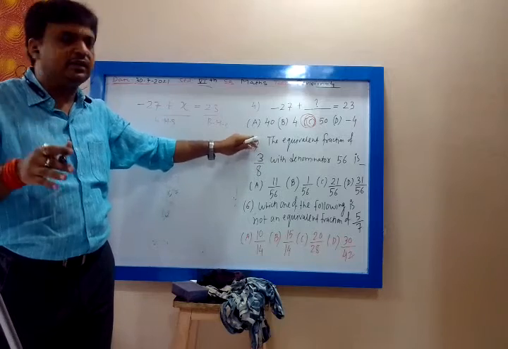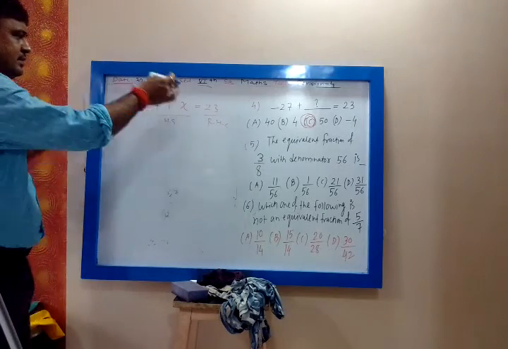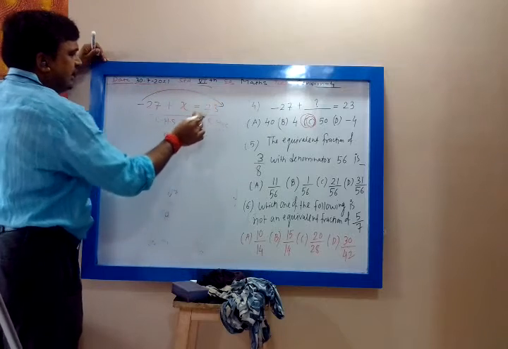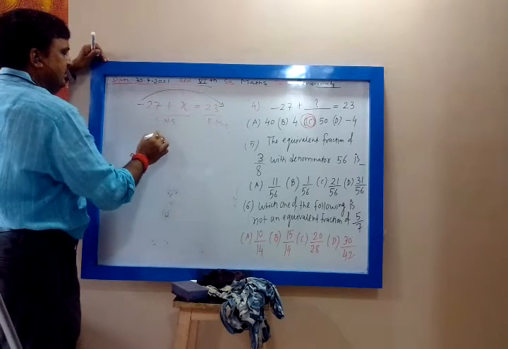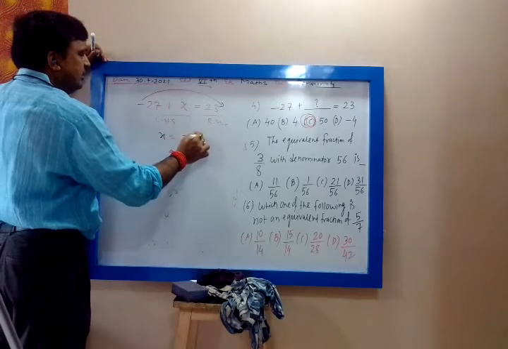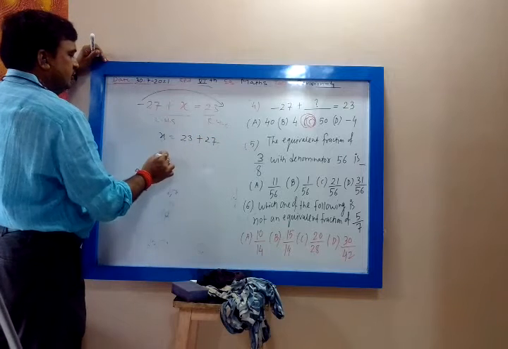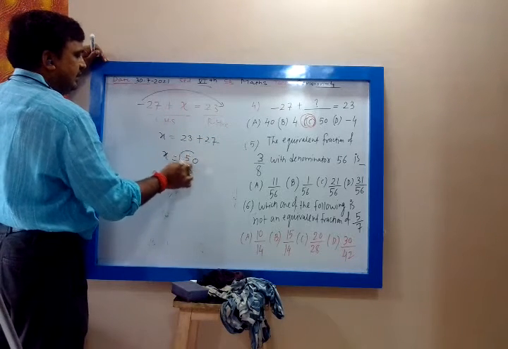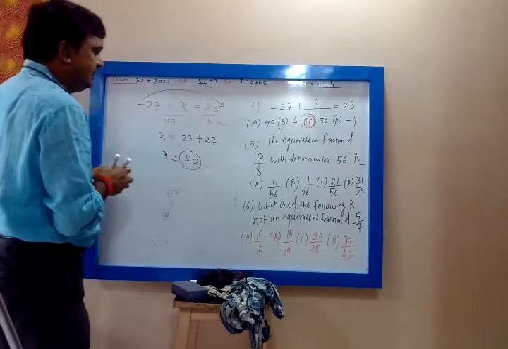I am discussing the fourth. So minus 27, I will take it to the right hand side. It will become plus 27. So x is equal to 23 plus 27. They have the same sign, plus plus, 7 plus 3 is 10, so 50. The correct answer is 50. So option C is correct.